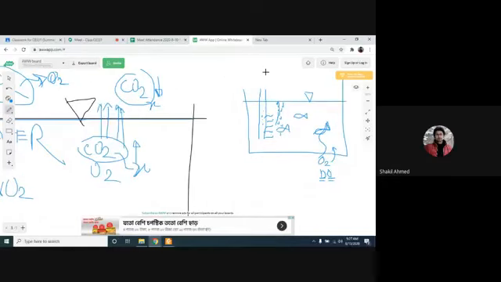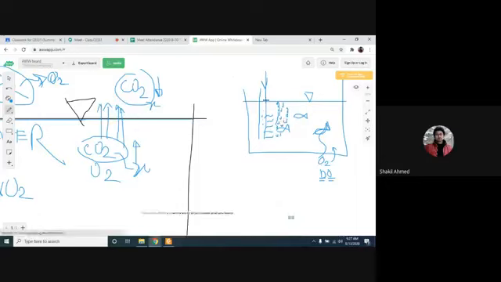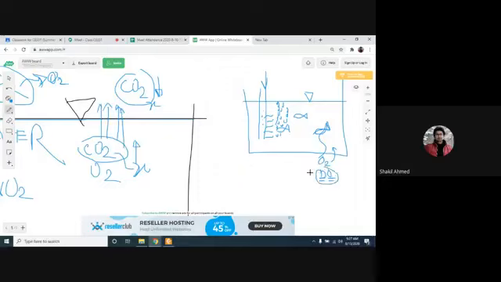Therefore, you add air into this water, and this is basically the bubble. This bubble is basically the air, and you're passing this air into the water to dissolve more and more oxygen, that means dissolved oxygen in your water, so that your fish can survive. That's the objective. To survive, for the majority of the species in water, it has to be at least greater than or equal to 4 to 5 milligram per liter.